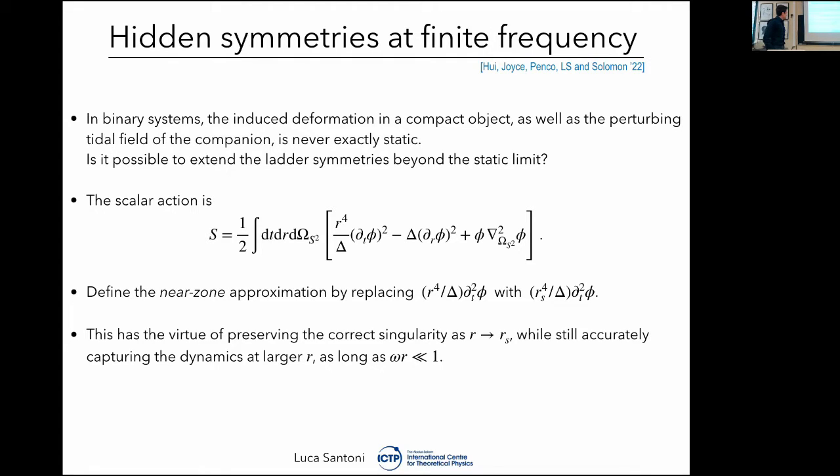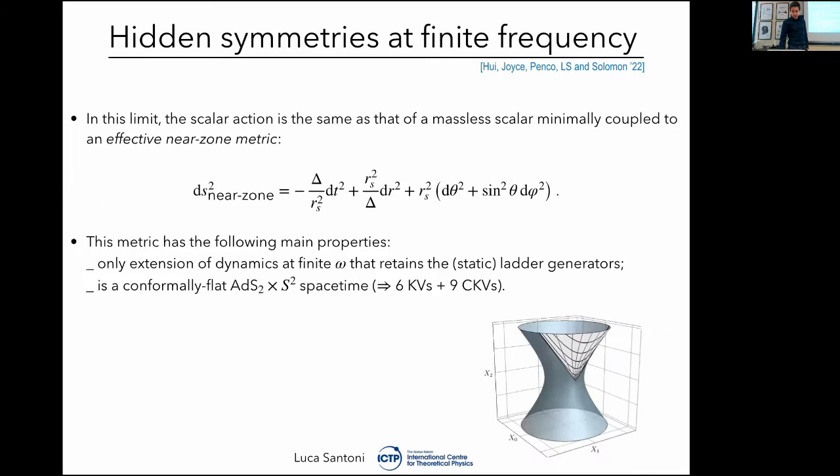Sorry, yes. If omega r is much smaller than 1, in this limit you can show that the scalar action is the same as the action of a massless scalar field minimally coupled to an effective metric, which is this one, a near zone metric.